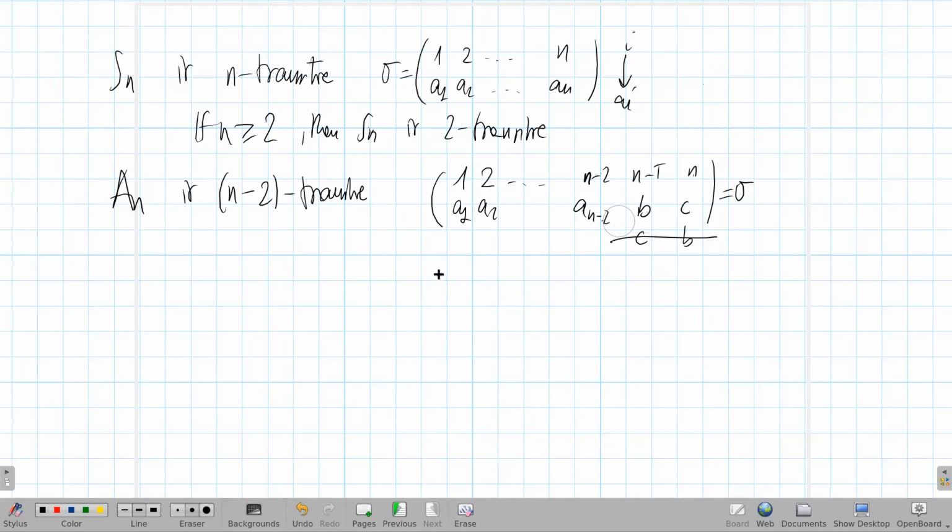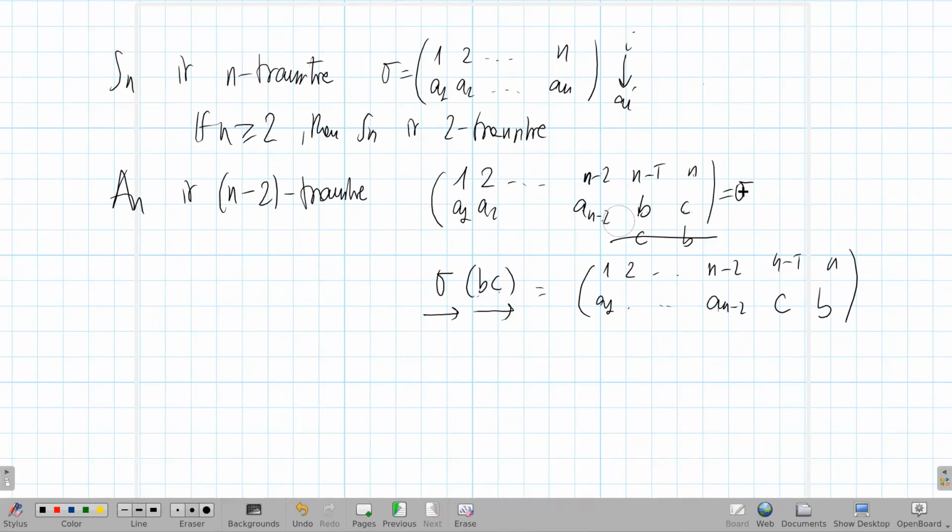If you consider sigma (b c), what will this permutation do? It does exactly the same thing to these elements, but first you apply sigma, and then you apply the two-cycle (b c). So sigma takes n-1 to b, but then this takes b to c. Sigma takes n to c, but then this takes c to b.